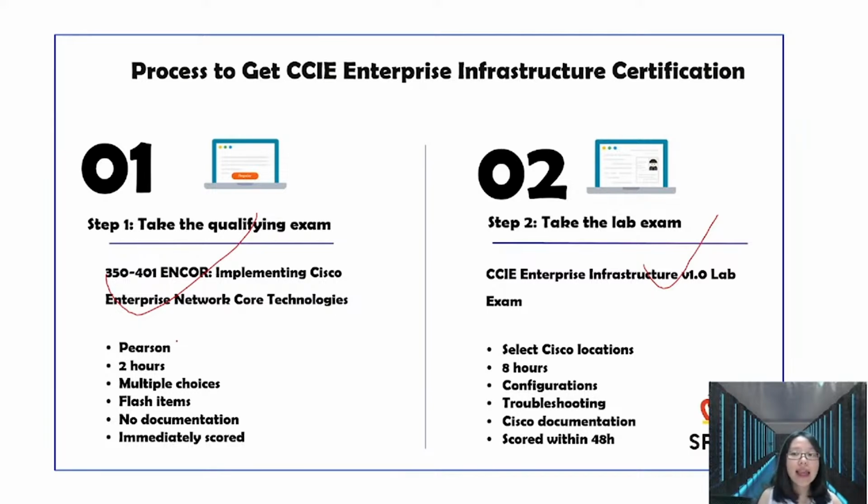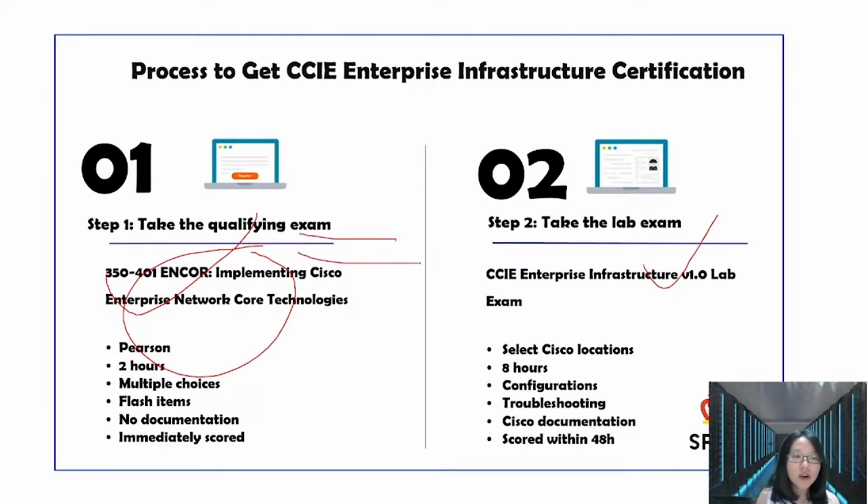CCIE Enterprise Infrastructure Certification validates your skills with complex infrastructure solutions. To get CCIE Enterprise Infrastructure certified, you have to pass two exams. The written exam tests a candidate's knowledge of implementing core enterprise network technology, including virtualization, infrastructure, network assurance, security, and automation.